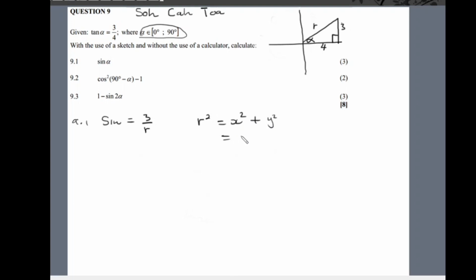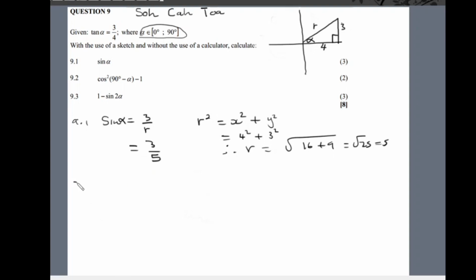We know x is 4 and then we know y is 3. Therefore, the hypotenuse will be equals to the positive square root of 16 plus 9, which is the square root of 25, which is 5. So now it means that sine alpha will be 3 over 5.